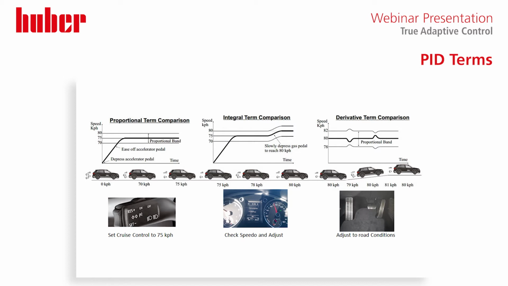Or in the case of a chemical reaction, are we expecting an exotherm? Are we expecting a precipitate, a crystal, to fall out? In the car analogy, we'd check our speedo and adjust our speed control, but for the D term, we adjust to road conditions. So it might mean accelerating a wee bit, decelerating a wee bit, and all this you'd see adjusting in the proportional band.